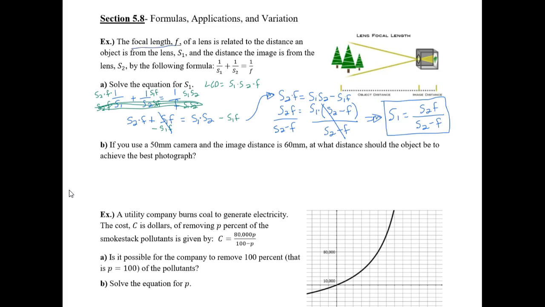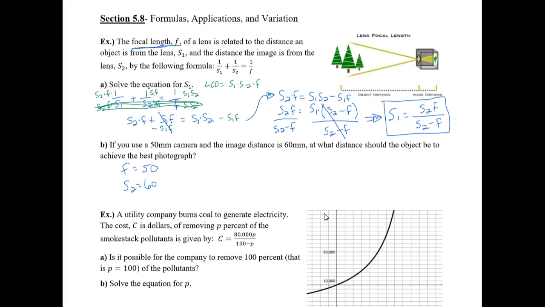That's the focal length of the camera. So F is 50 millimeters. And then the image distance was 60. So the distance the image is from the lens, that's the image distance right here. That was S2. So S2 is 60 millimeters.